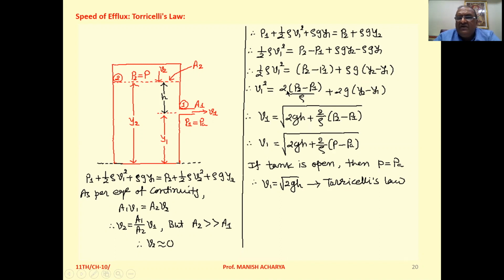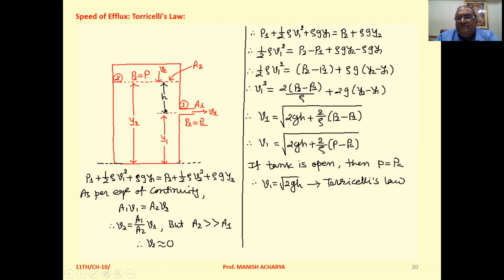So V1 square equal to 2 into (P2 minus P1) upon rho, plus 2g by rho, rho cancelled, so 2g into (y2 minus y1). Take square root on both sides. But this y2 minus y1 is called H.